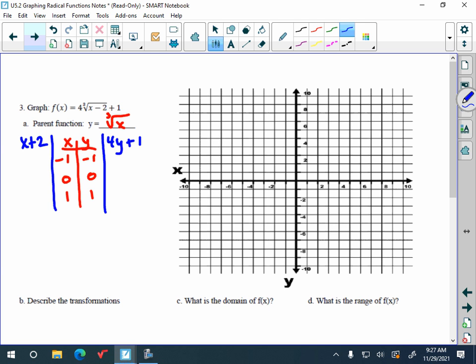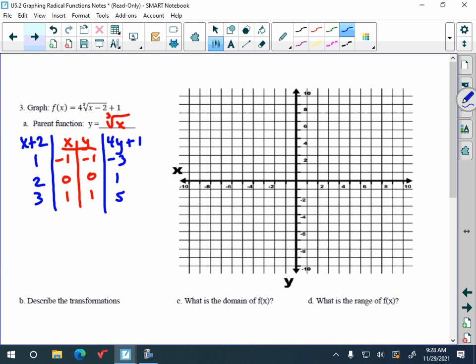So -1 plus 2 is 1, 0 plus 2 is 2, 1 plus 2 is 3. Our y values: -1 times 4 is -4, plus 1 is -3. Plugging 0 in, times 4 is 0, 0 plus 1 is 1. And plugging 1 in, times 4 is 4, plus 1 is 5.